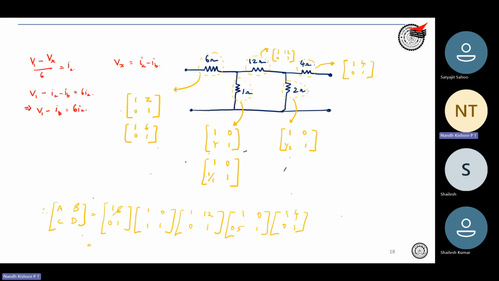It's just a 2 cross 2 matrix multiplication, which shouldn't be that difficult. M1 into M2: 1 plus 6 would be 7, 0 plus 6 is 6, 0 and 1 is 1, and this also 1.